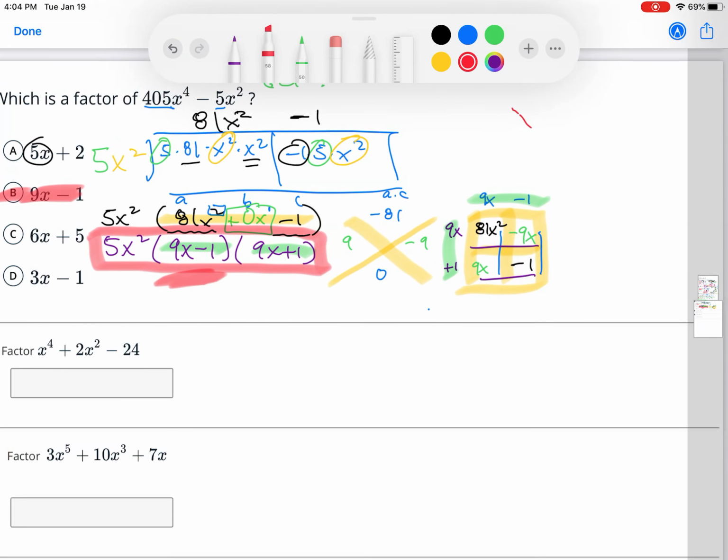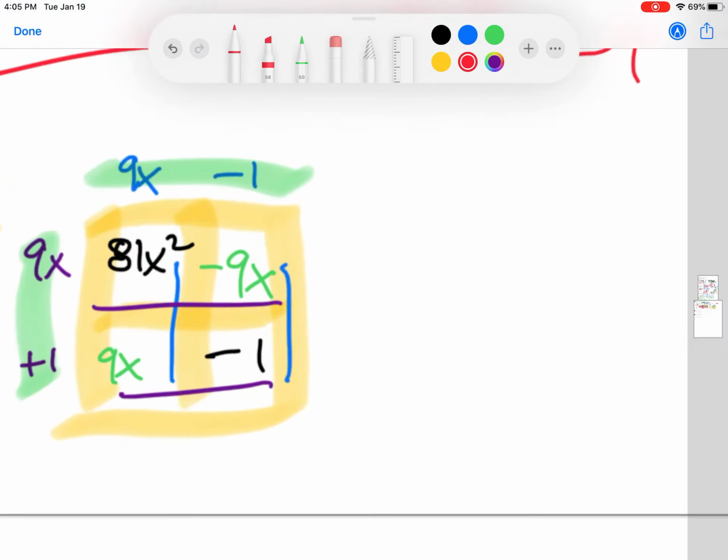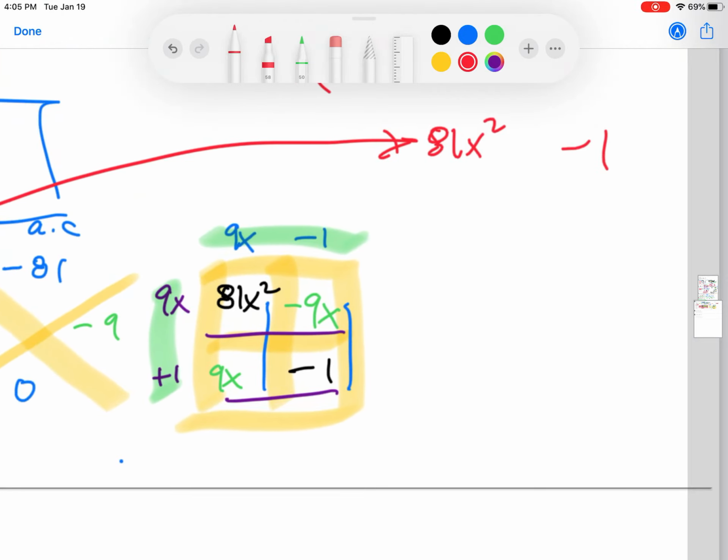How do you do this problem with this portion right there with the shortcut? It's called the difference of squares, because you can take the square root of each side. Square root of 81 is 9. And the square root of x squared is x.